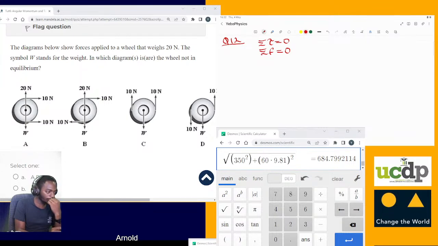Okay, so let's consider A. If you look at A, the sum of forces in the y is 0 because we've got 20 newtons going up, 20 newtons going down. So F in the y is 0.